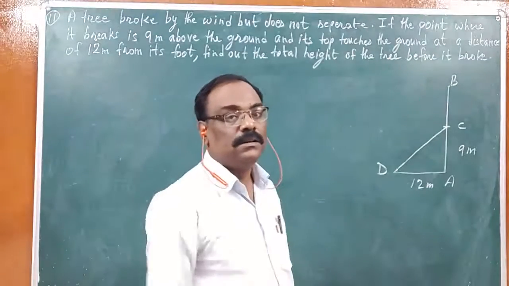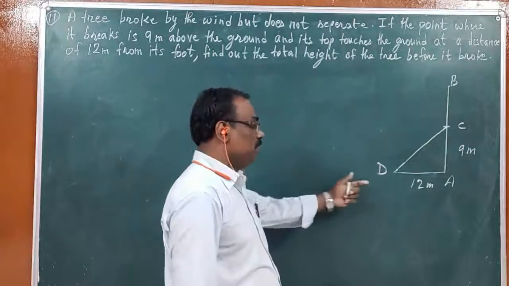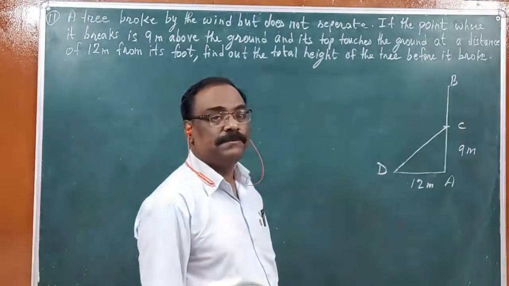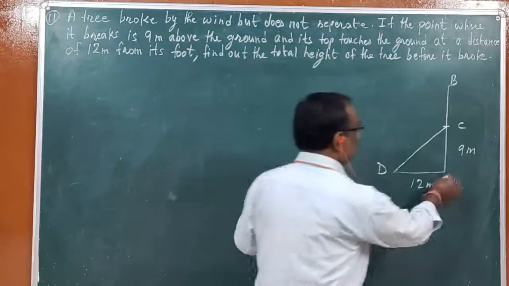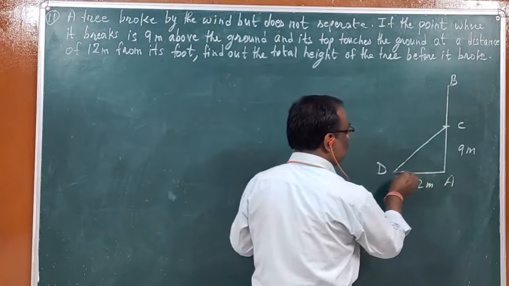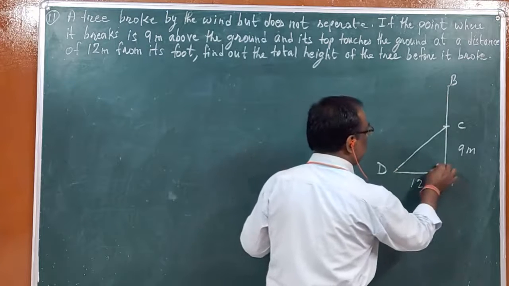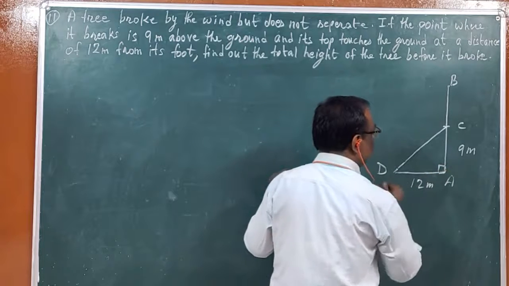It is lying slanting. So now from this figure, what do we understand? That this is a straight tree standing. This line is also a straight line. So here at A, you can see a 90-degree angle is formed.